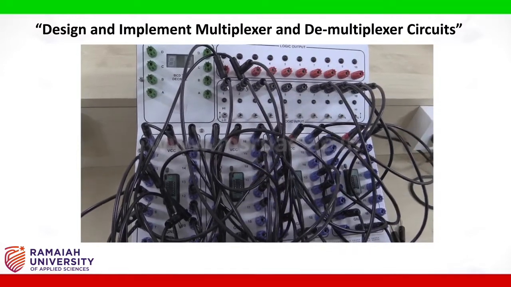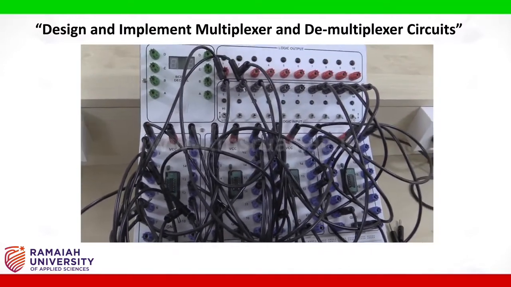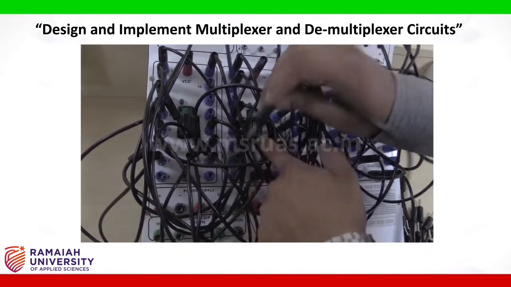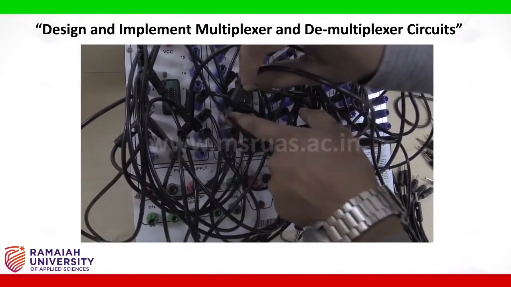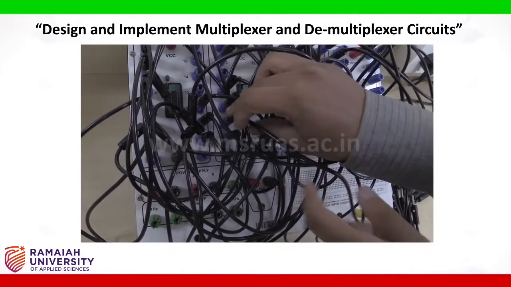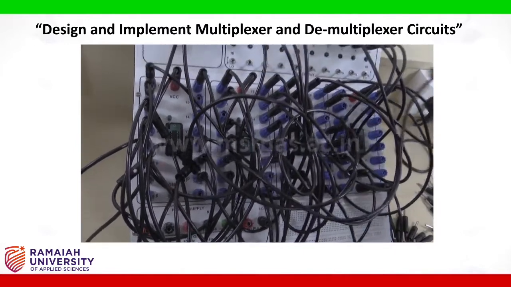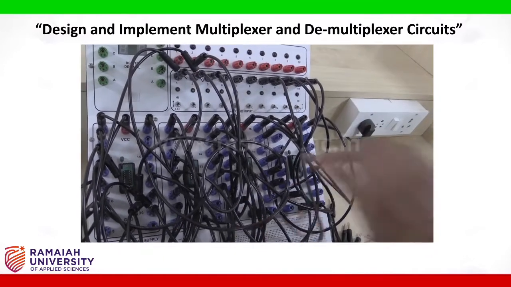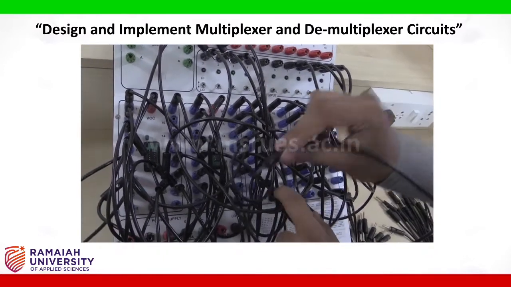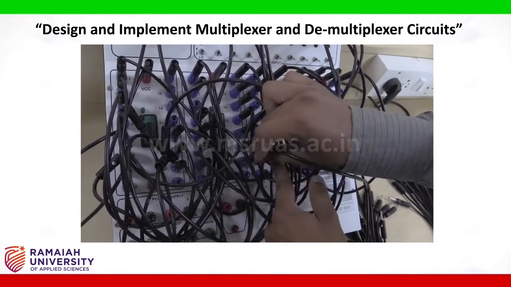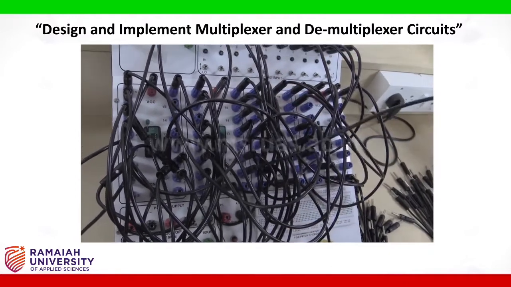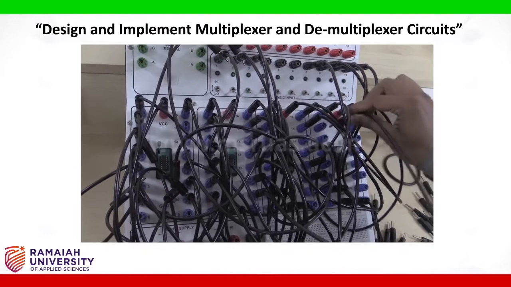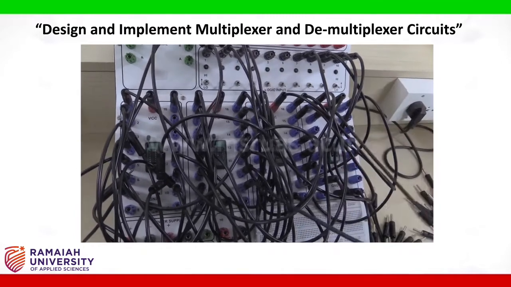So now pin number 6 of the 4 input AND gate, that is here, is connected to pin number 1 of the 4th IC base as per the logic diagram. Pin number 8 of second IC base is connected to pin number 2 of 4th IC base.